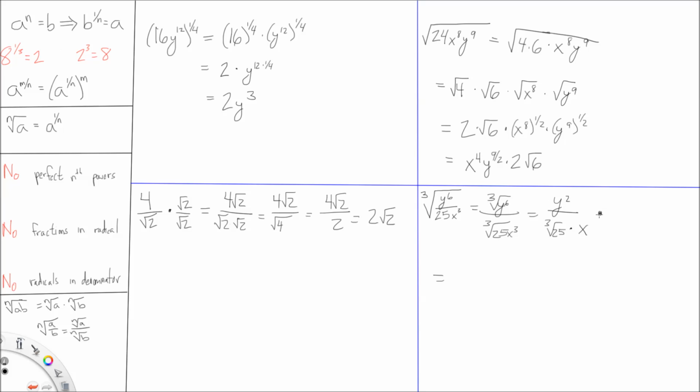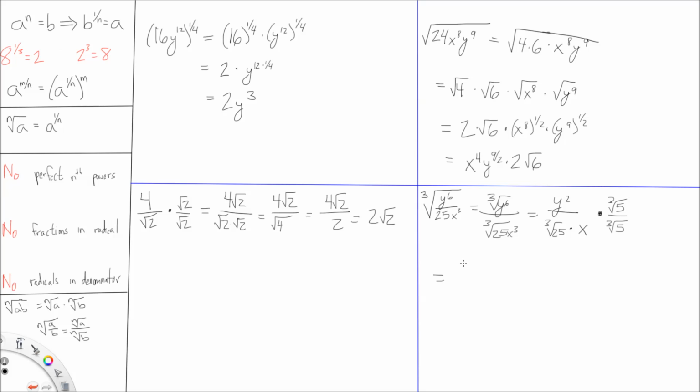Alright, but the one we need to multiply by, here 25 is 5 squared. We need to get a 5 cubed to get the perfect cube, so we're going to multiply by the cube root of 5 over the cube root of 5. Because another 5 in here will make the inside of this a perfect cube, and then we can get rid of the cube root.